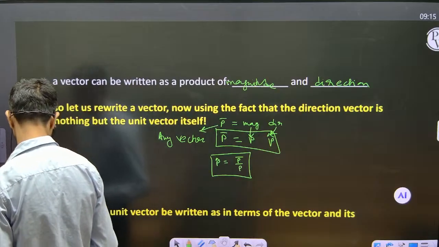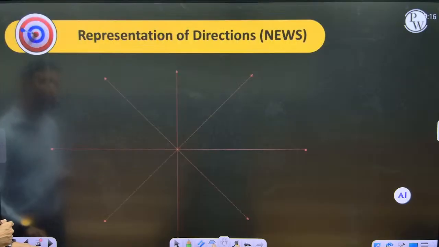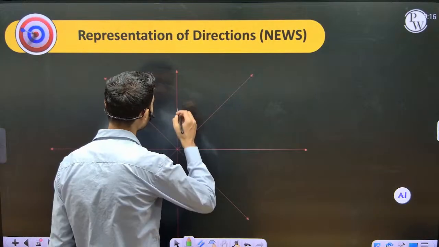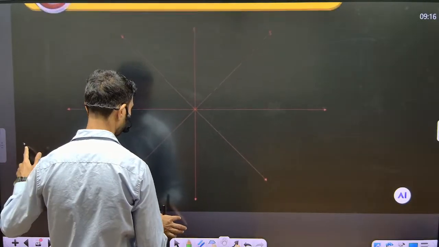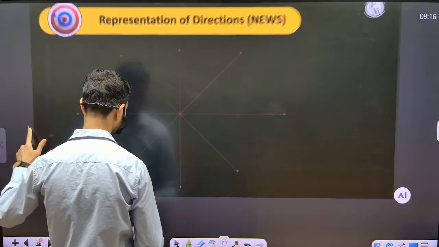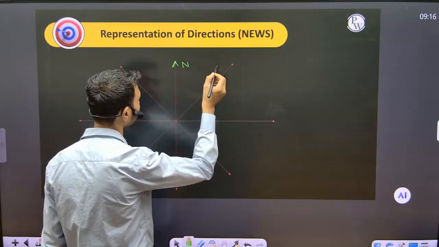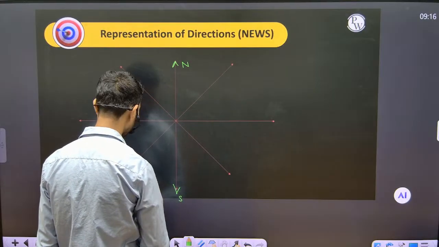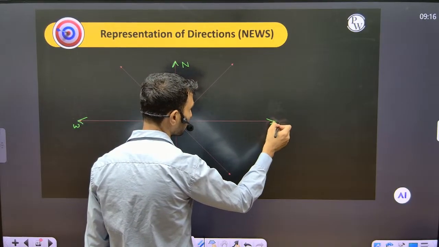Now let's go ahead and let's see direction vectors. Here north, here south, west, and east.